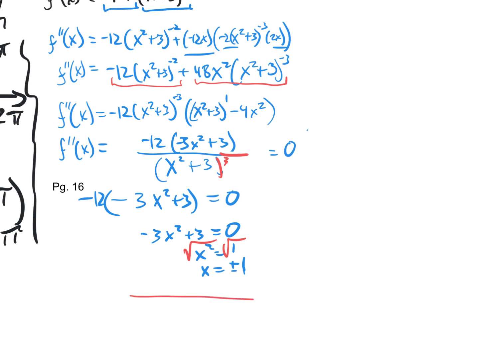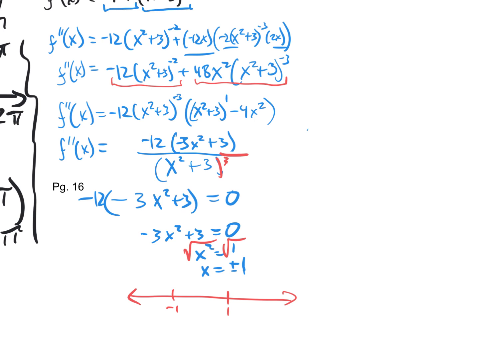So let's make a number line. Let's plug in -1 and +1. And let's test some values. Now it's easiest to test values into the factored version here. We need to plug it into f double prime. So I want to plug in this factored version. And you know what? I'm going to do one more thing just to make this easier.